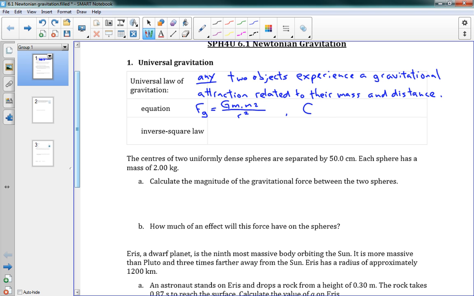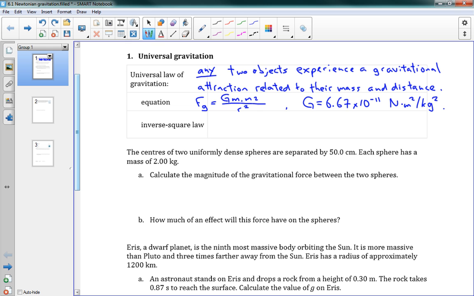And we're using this big G, which is called the gravitational constant, and it is equal to 6.67 times 10 to the negative 11 Newton meters squared per kilogram squared. And this is our big gravity equation that will work for any two objects.